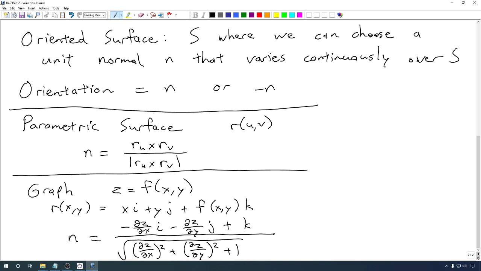Just the magnitude of what we had on top. But the point here is that we have a nice orientation that is pretty standardized. It's the upward orientation, and we always know that it does have an orientation, and so everything works out very nicely.